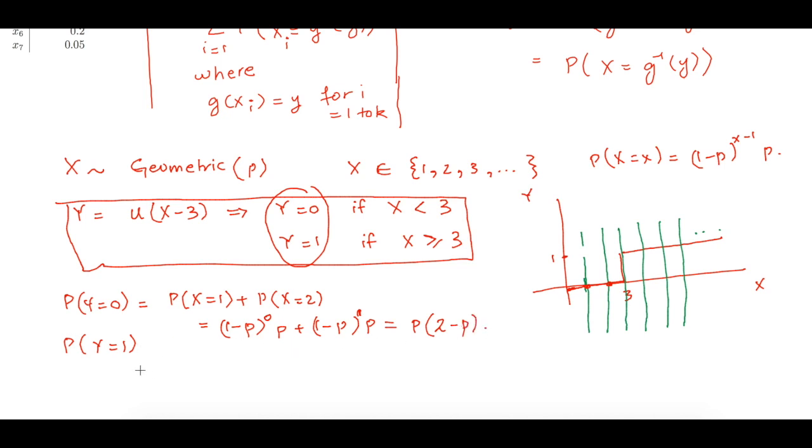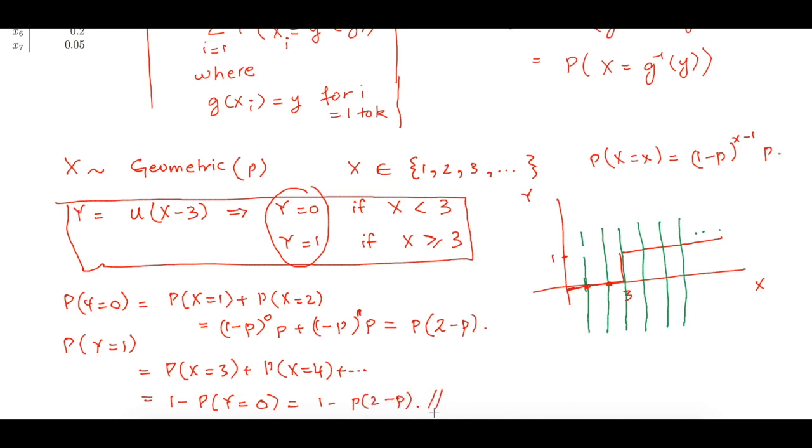And since these are probabilities, you can also use the situation x is equal to 3 plus probability x is equal to 4 plus so on, and use the geometric sum formula to do that. But there's an easier way, so we can just say 1 minus p of y is equal to 0, which is equal to 1 minus p times 2 minus p.